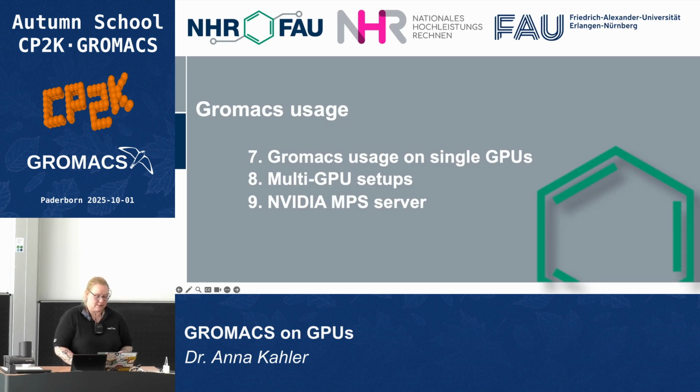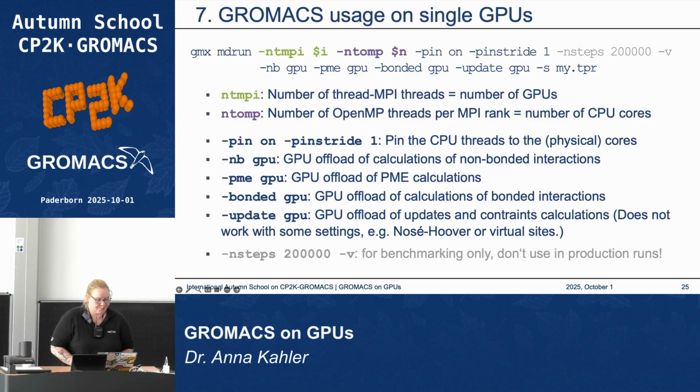And then for small systems, we can also use the NVIDIA MPS server. We're going to talk about that as well. So in general, GROMACS has a few command line flags that we can use to tweak performance. We have seen already on Monday that you can run it with just gmx mdrun -s, put your TPR file in there, and just press play.